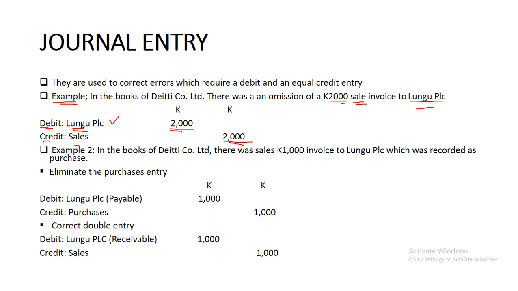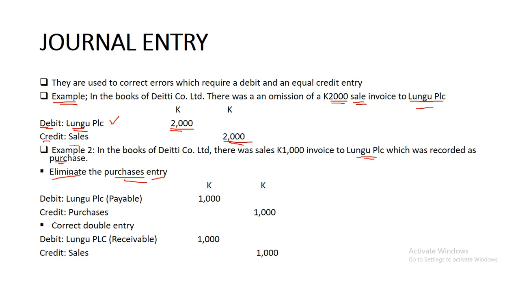Because the error was omission. And then example 2: in the books of DT Co Limited, there was a sales invoice of 1,000 to Lungu PLC, which was recorded as a purchase. So this is an error of principle. We make a sale but we record it as a purchase. So the first thing that we need to do for an error of principle is eliminate the purchase entry.